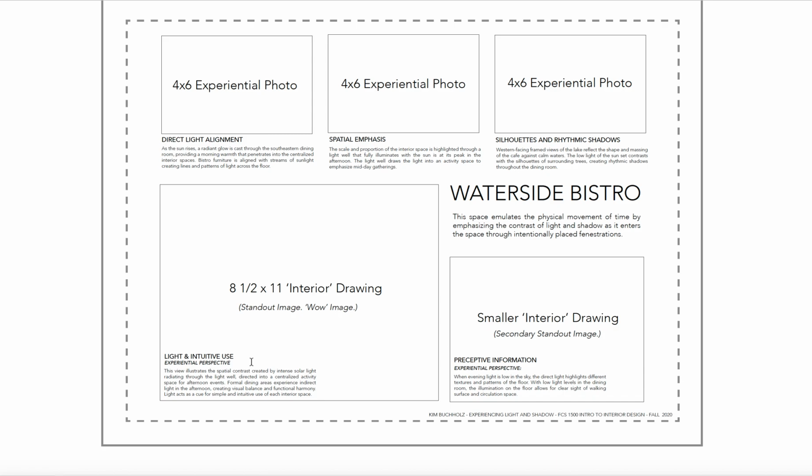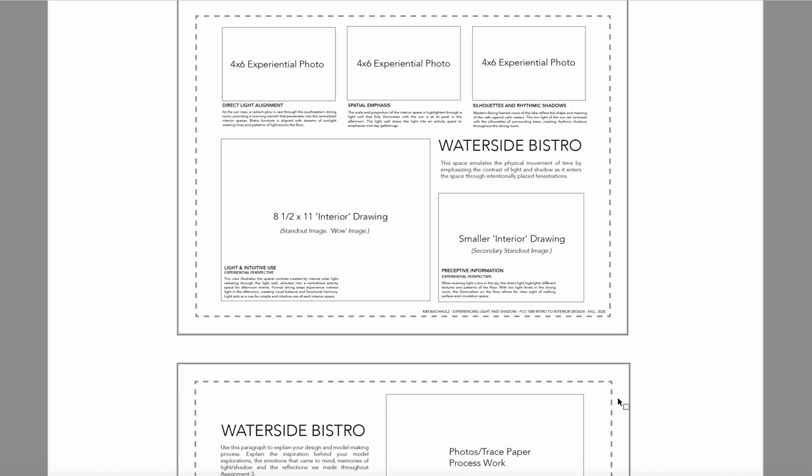So the light and intuitive use indicates that I'm using light to have this intuitive use, where when we see that, we're naturally inclined to understand that that's where the emphasis of everything is happening. And when other spaces are darker, we understand that maybe we're not supposed to go to those spaces, or they're less important. And similar in the smaller drawing, you're going to capture the exact same concepts.